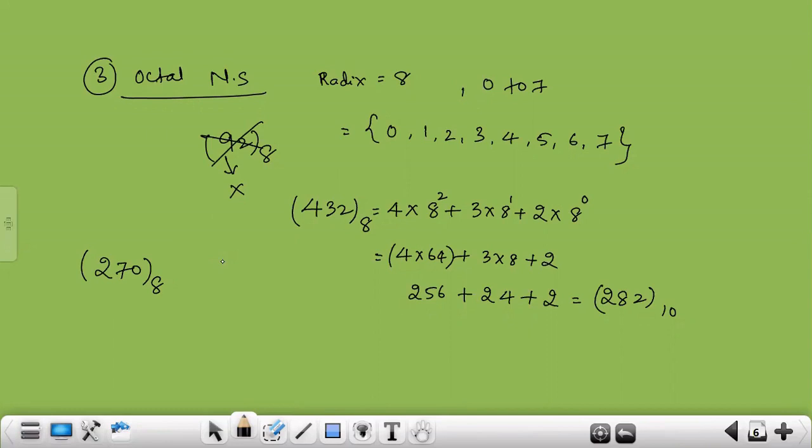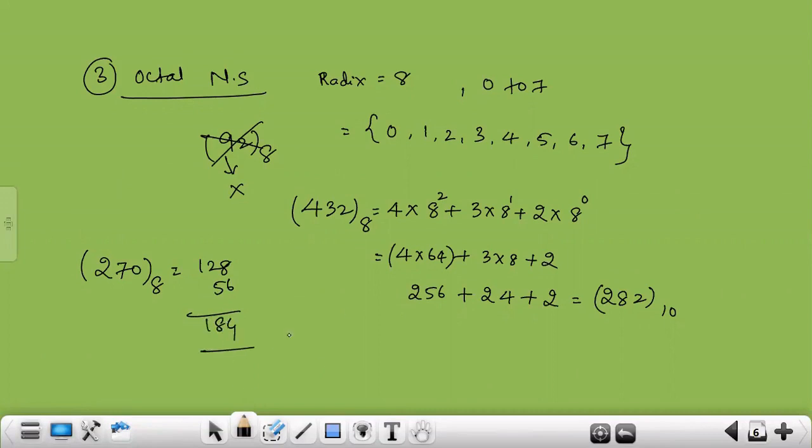It is 184. I'll be getting 2 into 8 square, and 8 square is 64. So it will be 128 plus 7 into 8. 7 8s is 56. So I'll be getting 184.